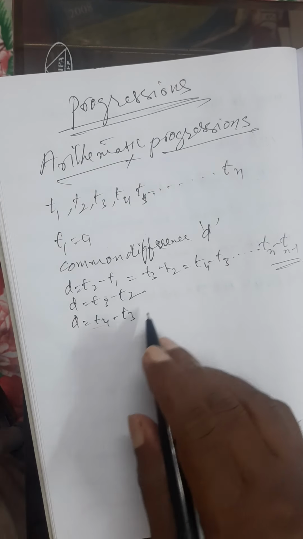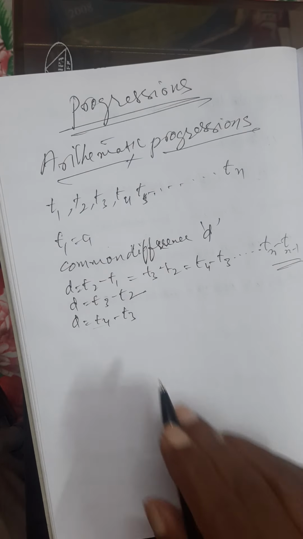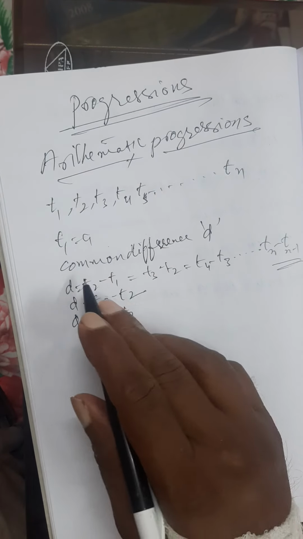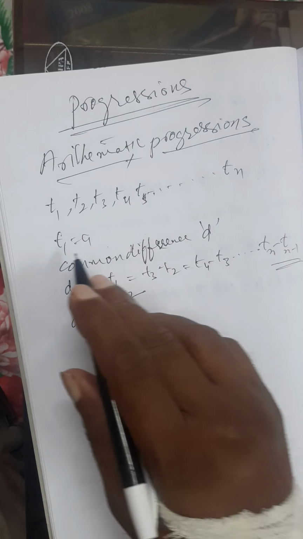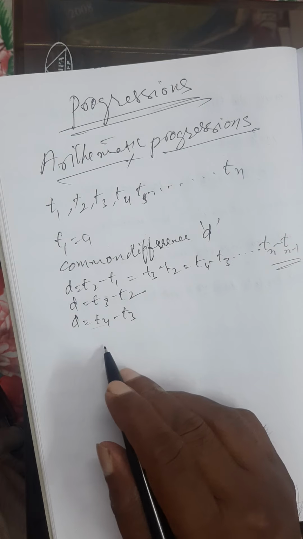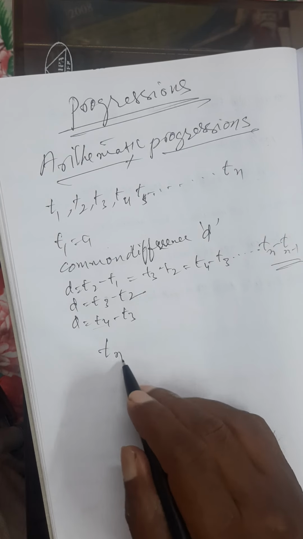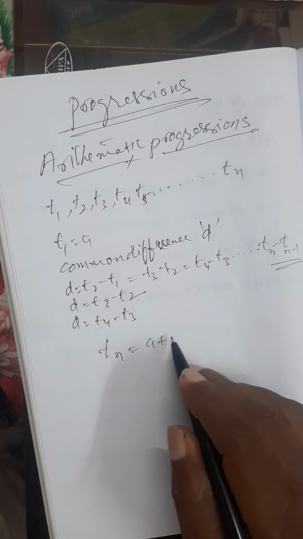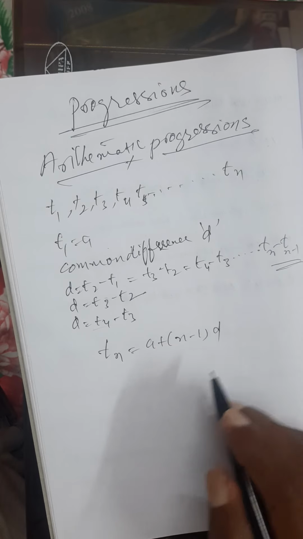So like this, if the values are the same, the difference is common, then we call it the common difference, and the first term is always a. Then we can write the nth term of the series. Nth term is equal to a plus n minus 1 into d.